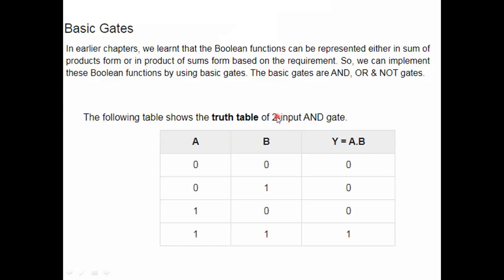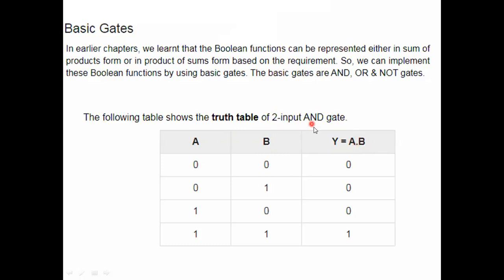A and B are the two inputs, and Y is the output. The symbol for this AND gate is dot.